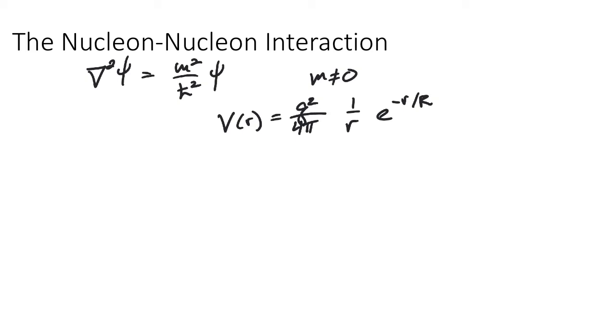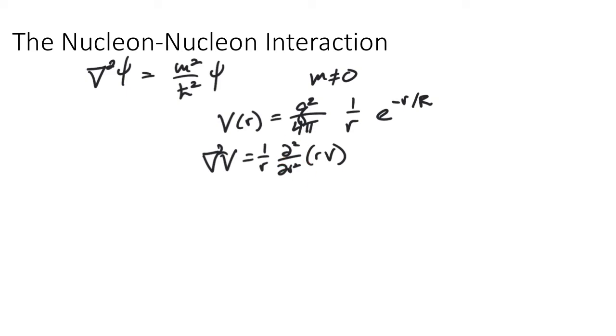Well, let's calculate then what the Laplacian of v is in this case. Well, it's 1 over r d squared by dr squared of r v. The r here cancels this r here, and then we have the v.